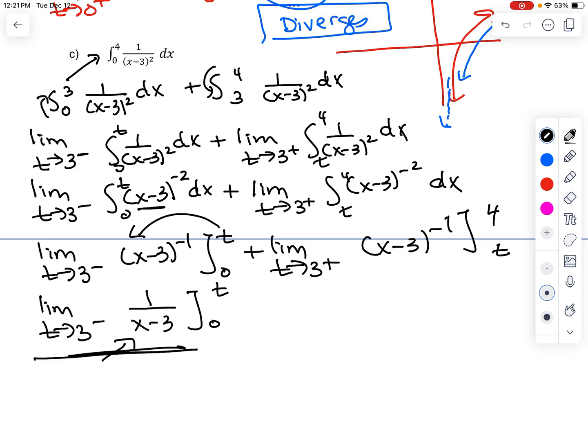So this whole fraction is going to go to infinity. So if one piece is infinity, it really doesn't matter what this piece is, because infinity plus or minus anything is still going to give you infinity. So we can just say that this is going to diverge. And then that's it. You don't have to tell me whether it's infinity or negative infinity or anything like that.